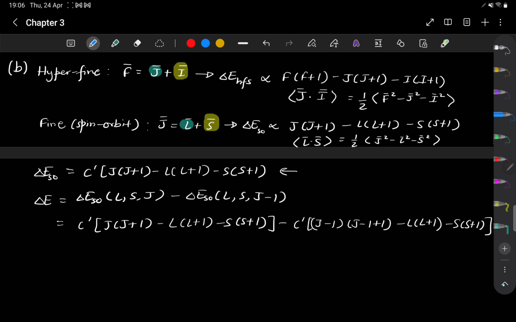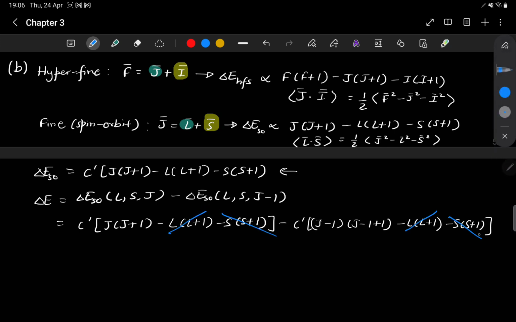So once again, these terms will cancel out, L will cancel out, S term will cancel out.